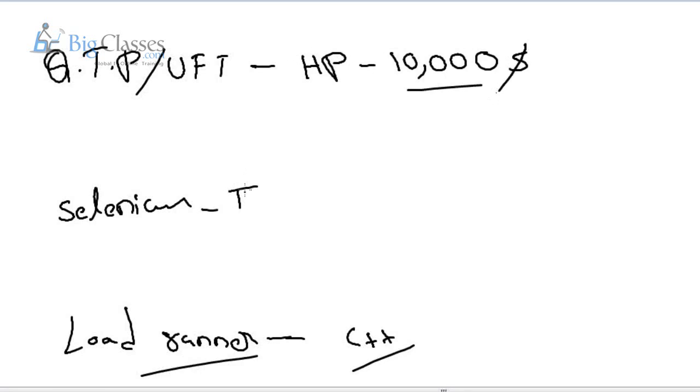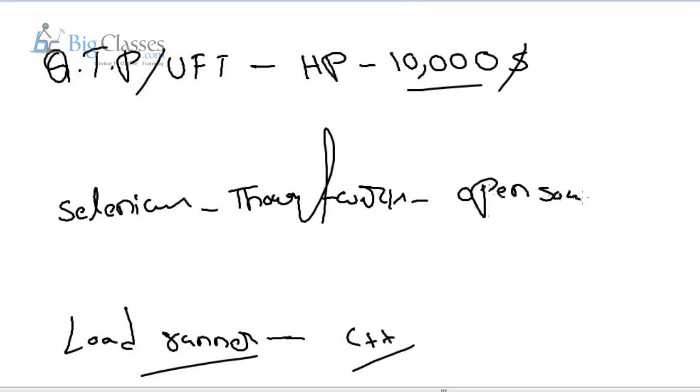And Selenium was developed by ThoughtWorks. It is open source. Open source means a free tool. You don't need to pay anything. We can download it from the internet and use it. So which one is the best tool, guys? QTP is $10,000 and Selenium is open source. Which one is the best?